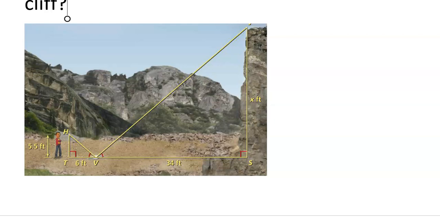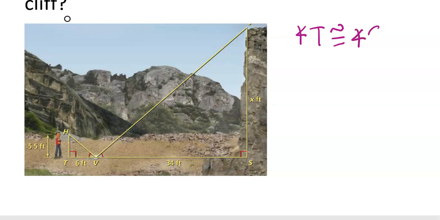So angle T is congruent to angle S. Now let's compare his height to the height of the cliff and then the distance from each comparing as well. So I'm going to go 5.5 to the height of the cliff. That's the one we don't know. And we're going to set it equal to the distance from that mirror.